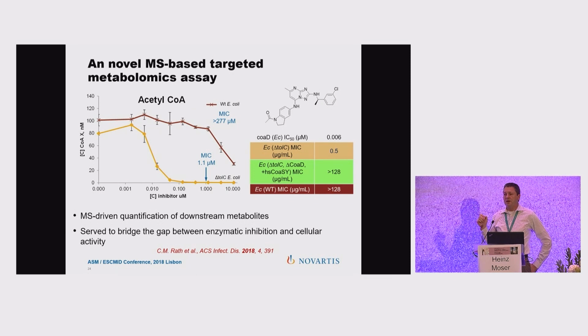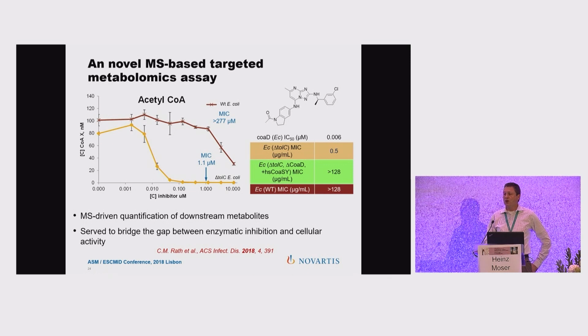So instead of measuring the exposure of the compound in the cell, we actually measured the enzyme inhibition within the cell. We would incubate the bacterial cell, and you have to optimize it for every target to a certain extent, and then lyse the cell and determine downstream metabolites. It's called targeted metabolomics.